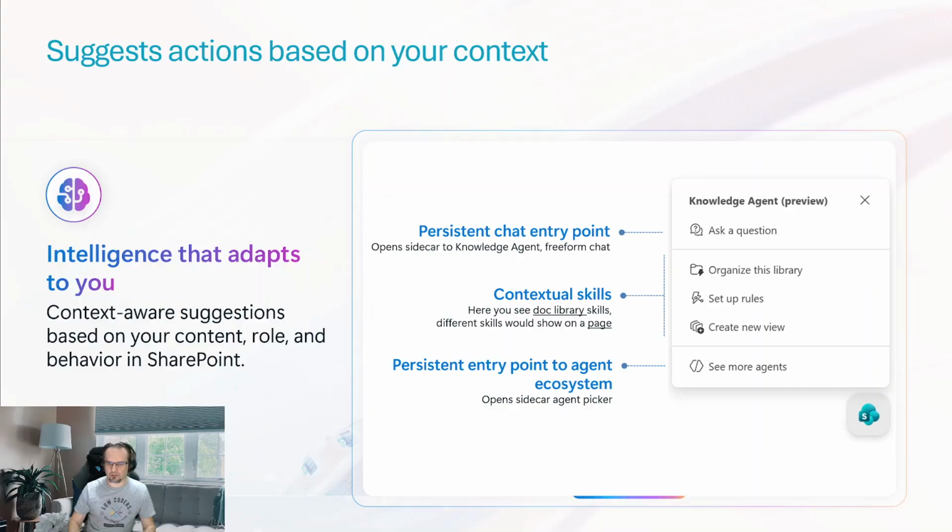And there is also a dedicated set of features designed for document libraries. So you can use it to organize your document library. You can create rules, you can create new views, etc. You can also use it to switch between agents, so between this SharePoint Knowledge Agent and custom agents that you can create on your SharePoint site.